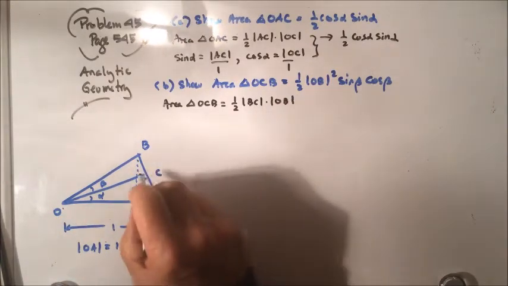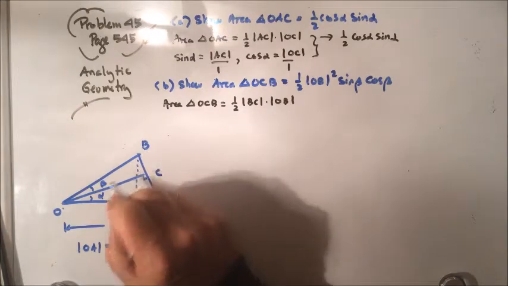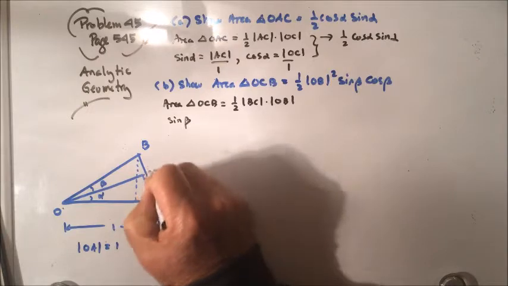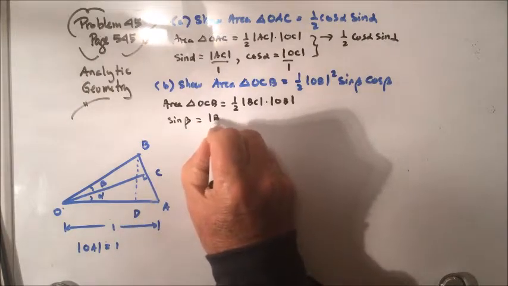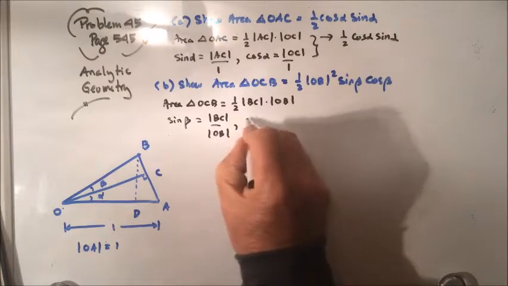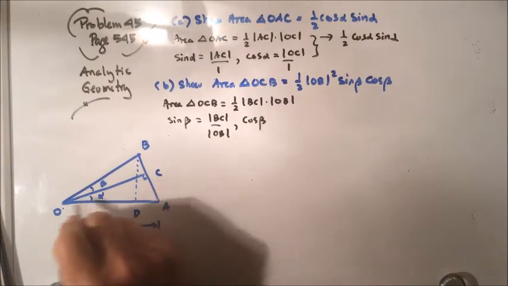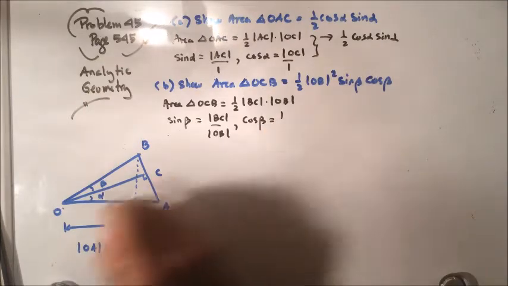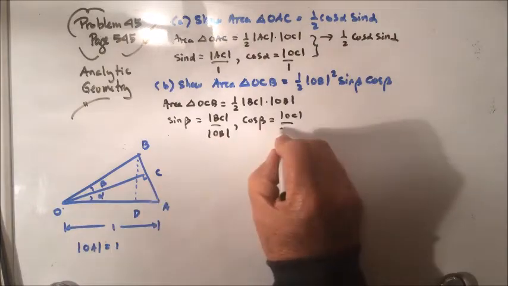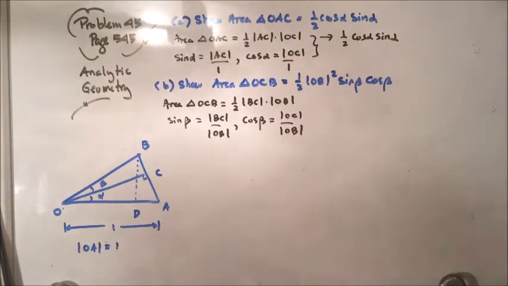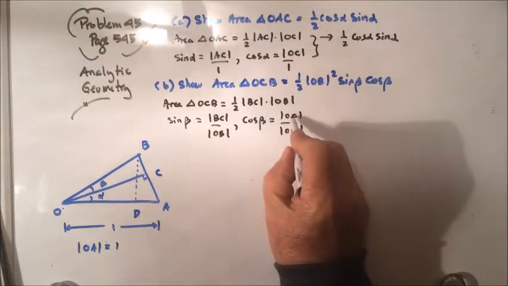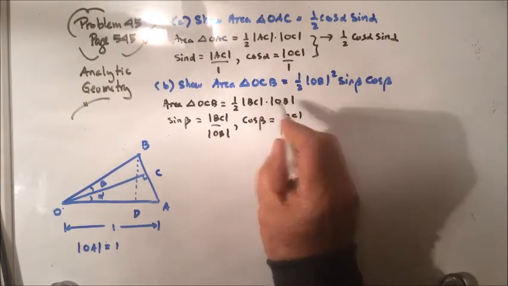Okay, so let's compute these things trigonometrically. The sine of beta is the opposite side, BC, all over the hypotenuse, OB. The cosine of beta is the adjacent side, OC, all over the hypotenuse, OB.